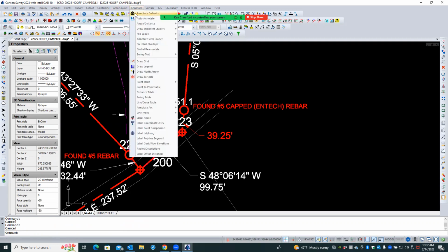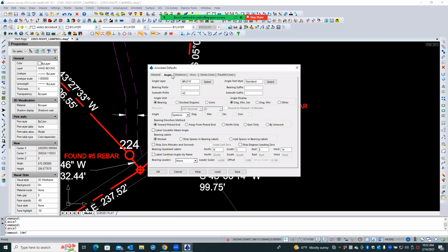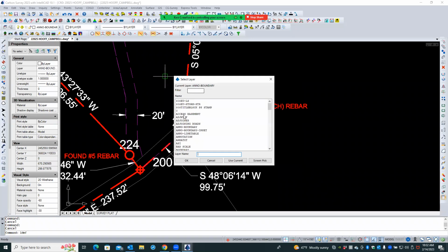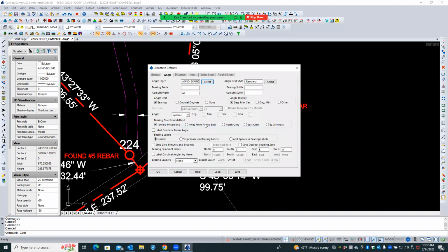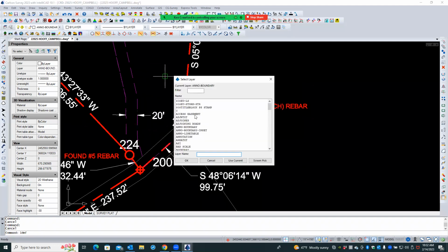So if you want those to always be correct, instead of putting these on bearing text, we'll put them on anno boundary. That's where they should be, right?